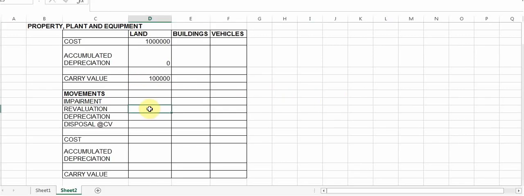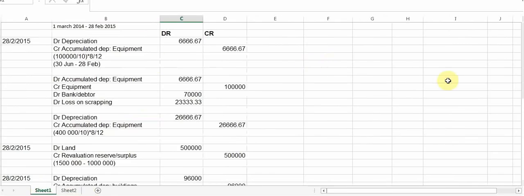We've had a revaluation. We had to increase it. The revaluation was done in the journal here. We had to increase it by 500,000 to get to 1.5 million.